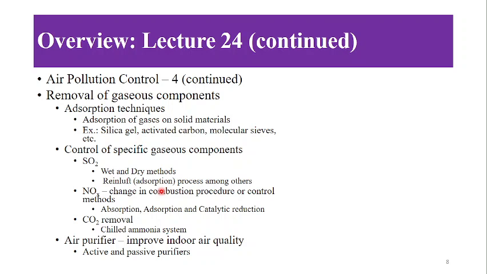If there is some way to reduce this temperature, then less NOx will be generated. In the case of automotive vehicles, there is a technique called exhaust gas recirculation. If we recirculate the exhaust gas, it can decrease the temperature of the engine, so that less NOx is produced.